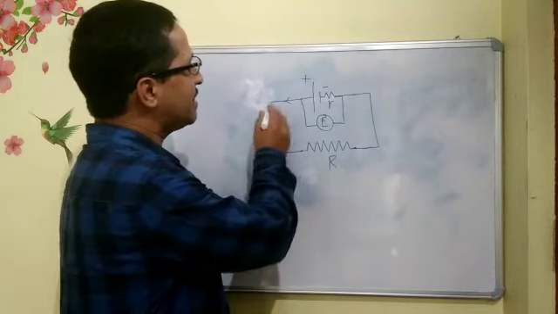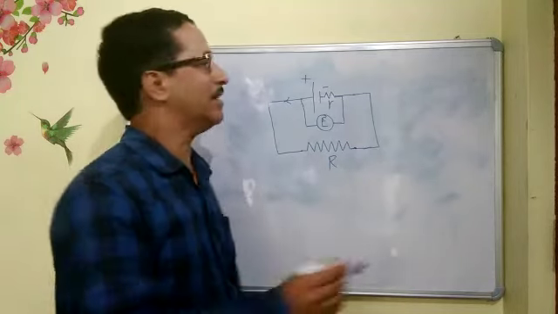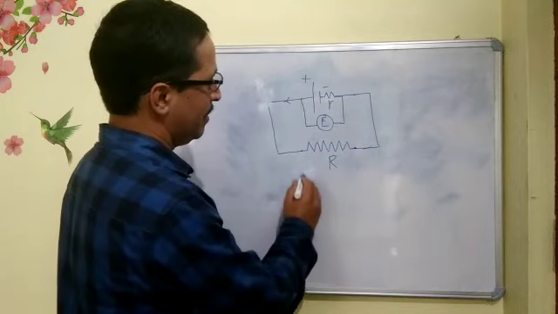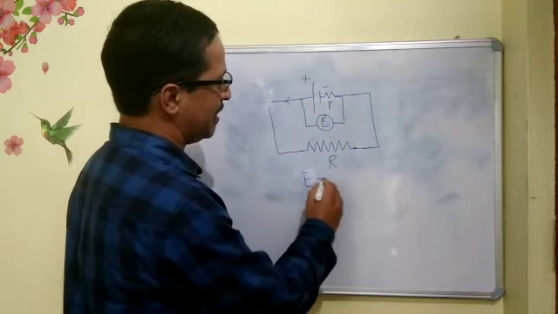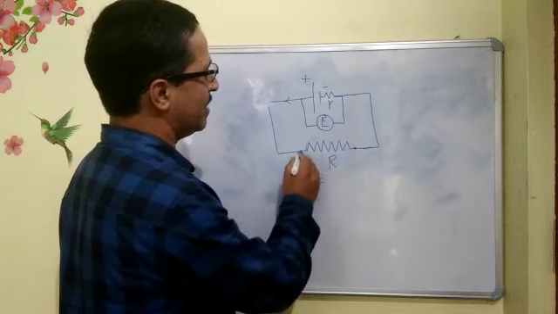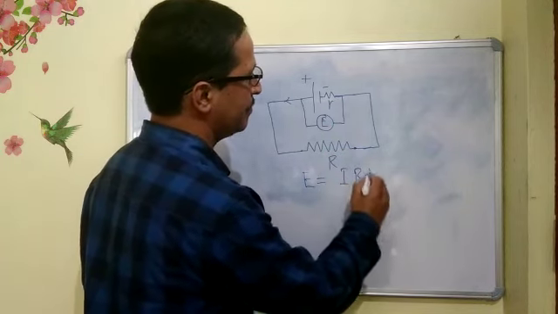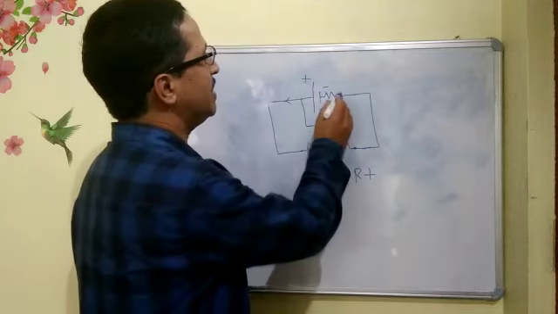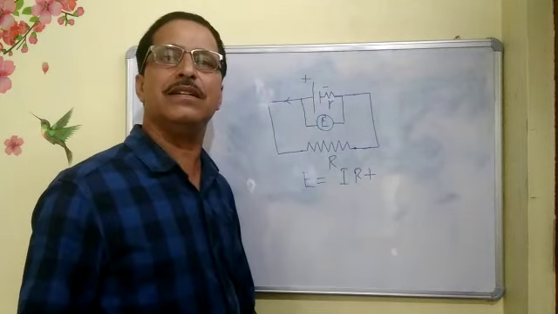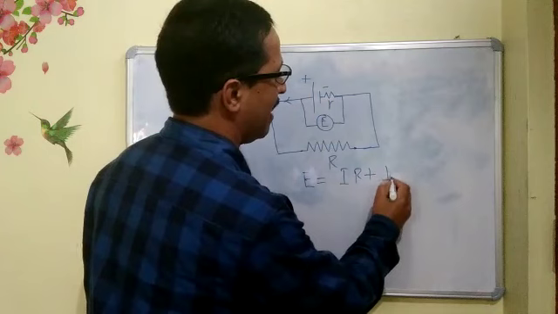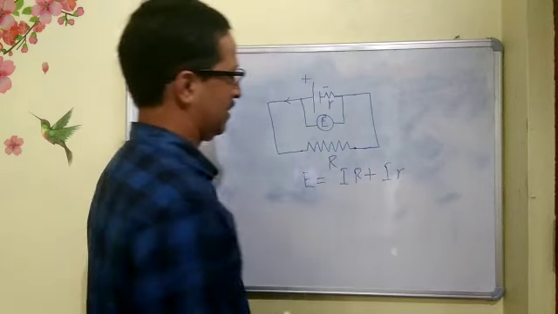If I is the current at any instant, then we can see that E is equal to the potential difference across the capital R, that is I into R, plus the potential difference across the internal resistance, that is I into small r.